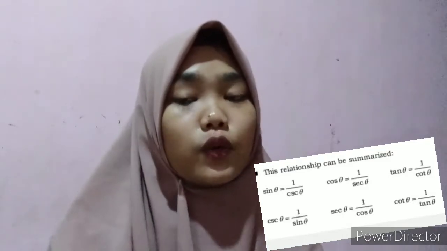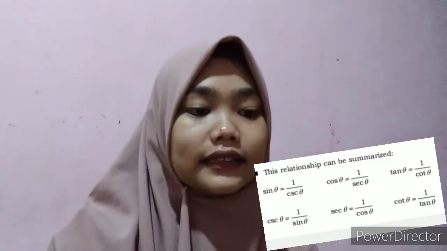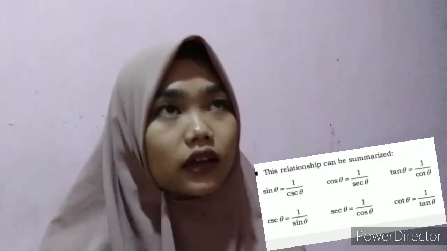This relationship can be summarized. Sin theta is equal to 1 divided by cosecant theta. Cos theta is equal to 1 divided by secant theta. Tan theta is equal to 1 divided by cotangent theta.